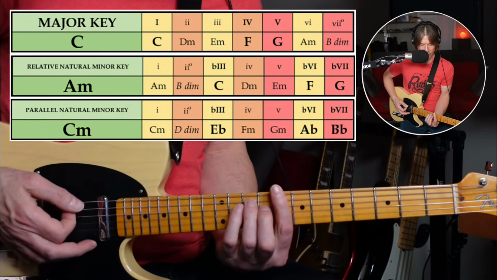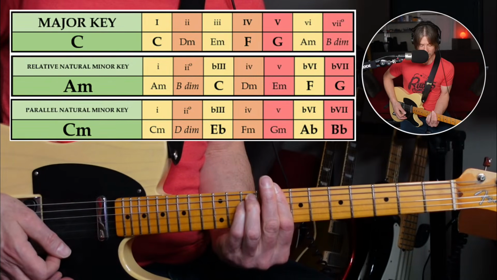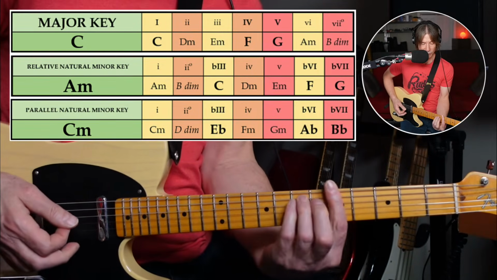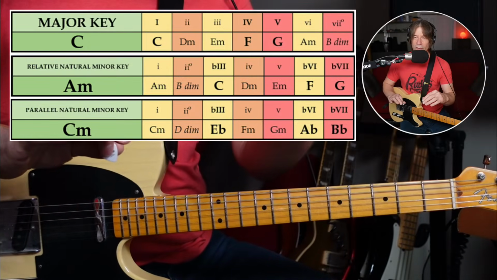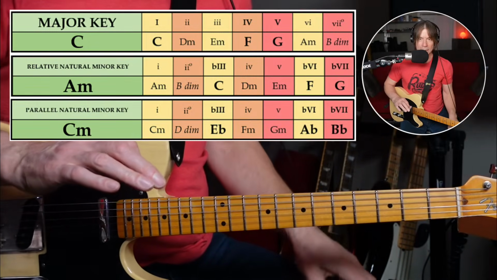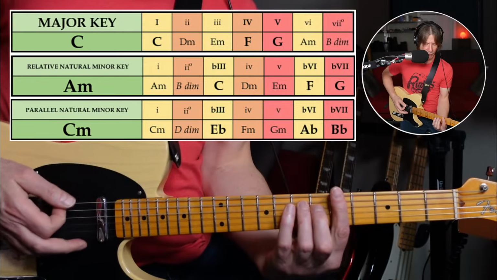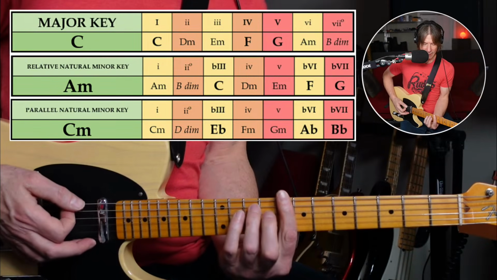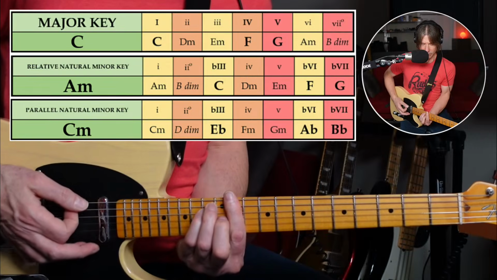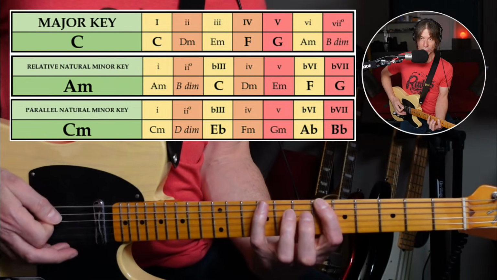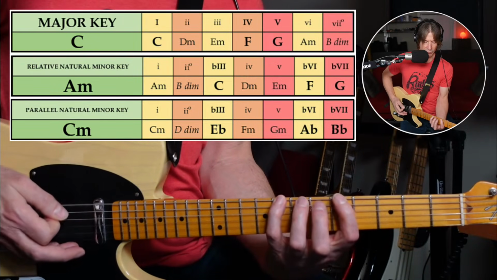Therefore, C minor's relative is E flat. Look, I'm just going up. Like I was saying, it's going up parallel with each other, but it's not starting on the same root note. So A to C major is the same thing as C minor to E flat. I'm going up the minor third.